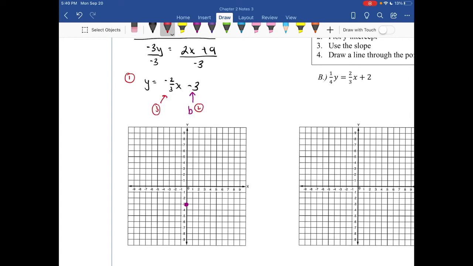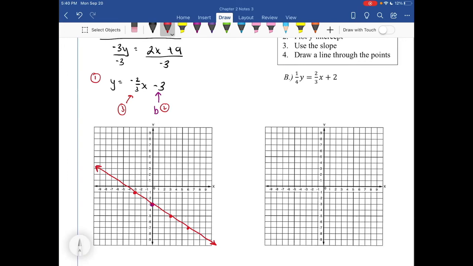You're going to want to go down 2 points and across 3 to the right, and we can do that 2 times just to get a couple points on our graph. We could also go up 2, but make sure that you go 3 to the opposite direction, or 3 to the left. Now we are ready to connect these points with a straight line, and there we have the graph of that equation.